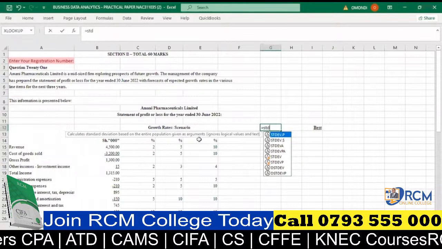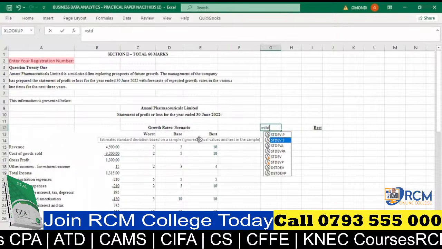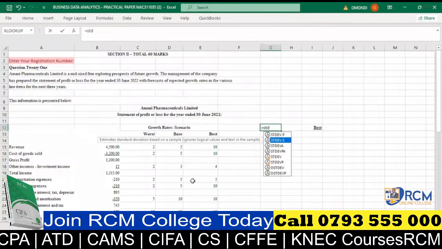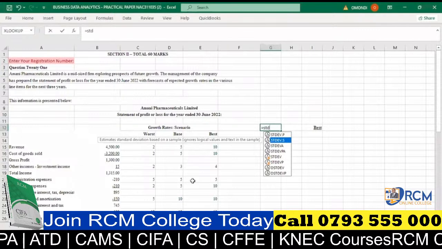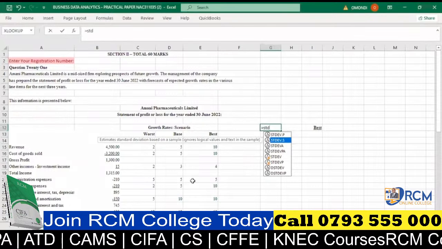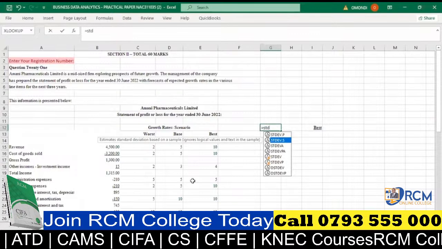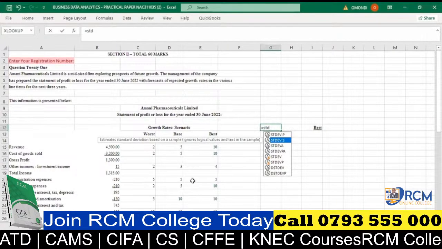Okay, let's get to standard deviation S. Just below that, what does it tell us? Estimate standard deviation based on a sample. So standard deviation S computes the standard deviation of an entire sample.